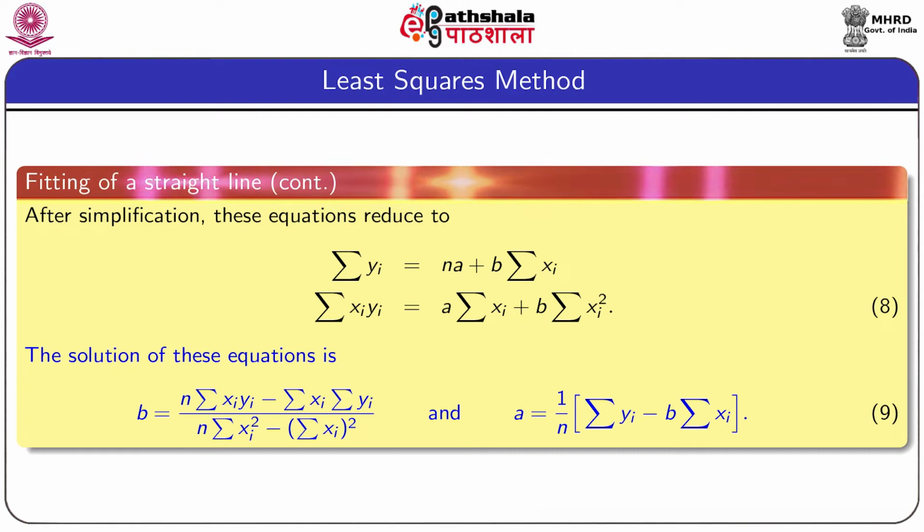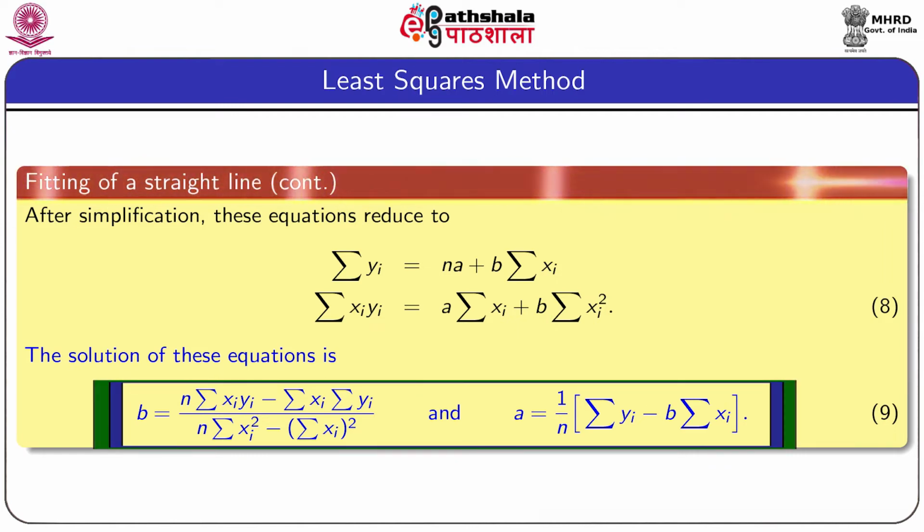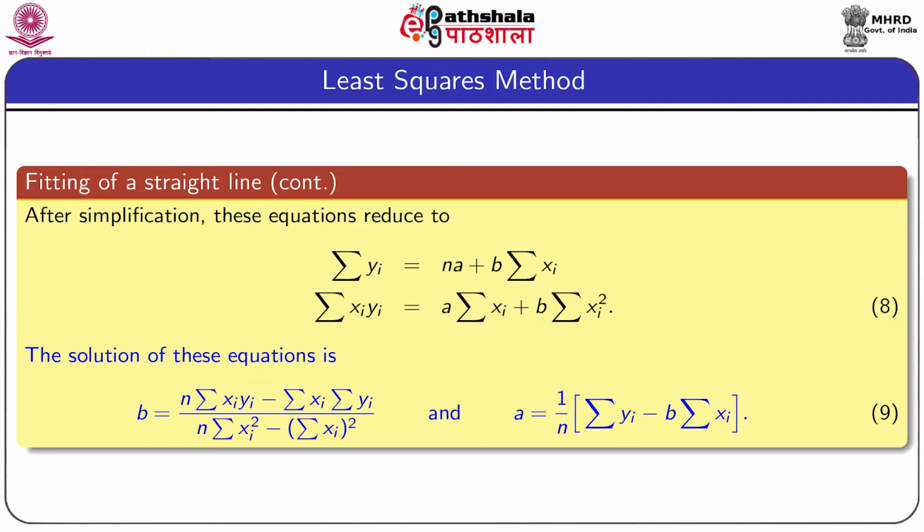The solution of these equations is b equal to numerator n into summation xi yi minus summation xi into summation yi, and denominator n summation xi square minus (summation xi) whole square, and a equal to 1 by n into (summation yi minus b into summation xi). If b is obtained from the first term, then we can calculate the value of a using equation 9.